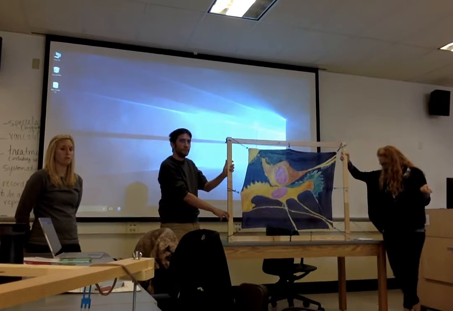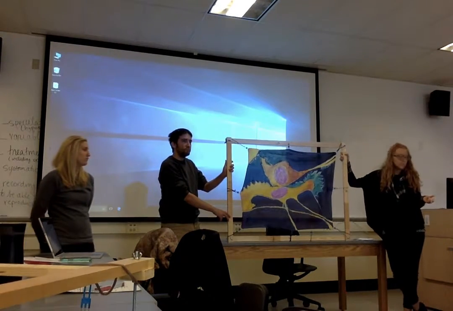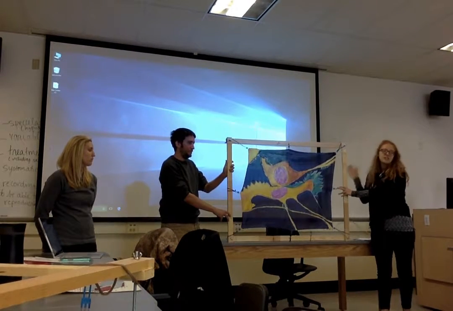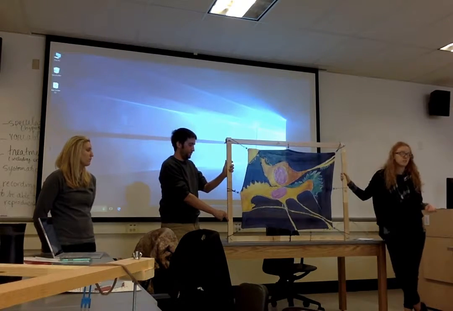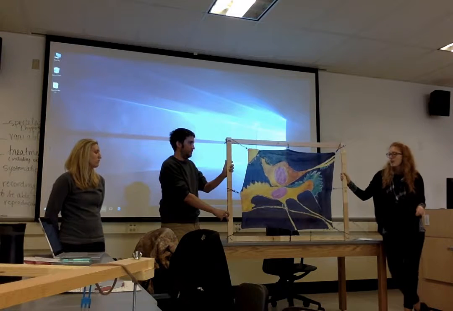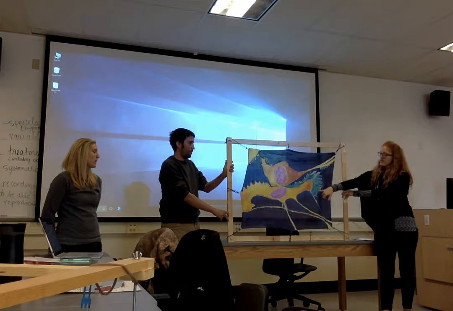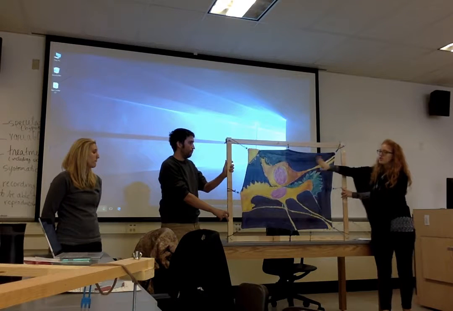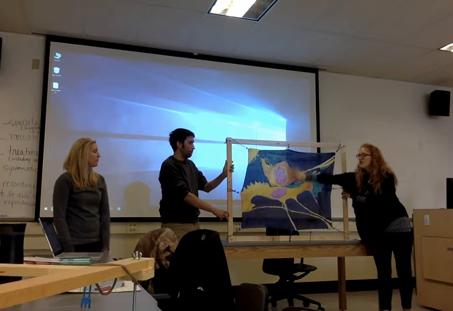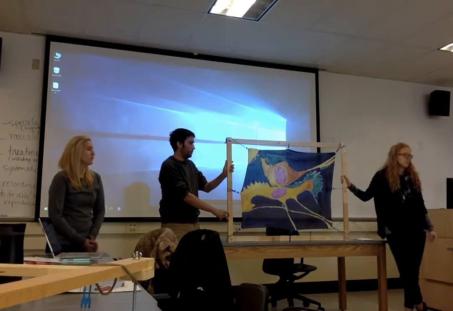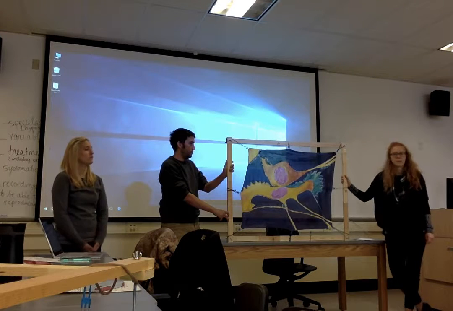We also have complementary colors, the blue going with the orange. This provides the greatest contrast, allowing you to see the different structures clearly. And then we focus on texture. We added salt and vinegar to give a different texture to this area, and to the nucleus and around the nucleus, again allowing the viewer to see the different parts more clearly.